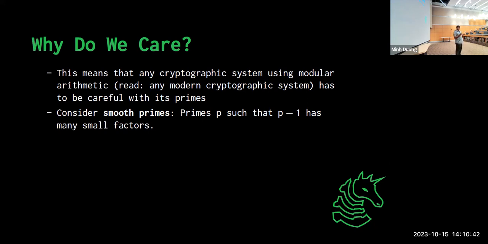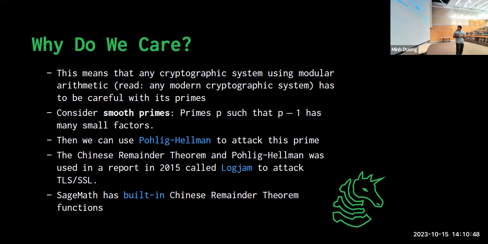We call that a smooth prime. So we can use Pohlig-Hellman from last time to attack this prime. And the Chinese Remainder Theorem and Pohlig-Hellman was used to do an attack on TLS and SSL by an attack called Logjam in 2015.